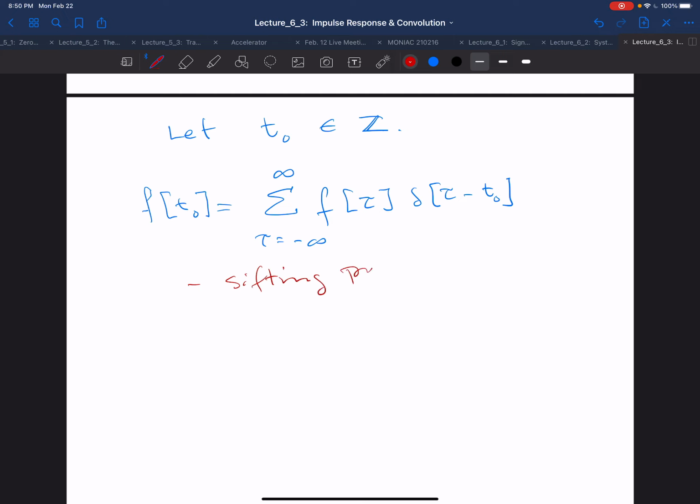So this is a sifting property. But of course, this property holds for any value of t naught. So let's drop the subscript and rewrite this.